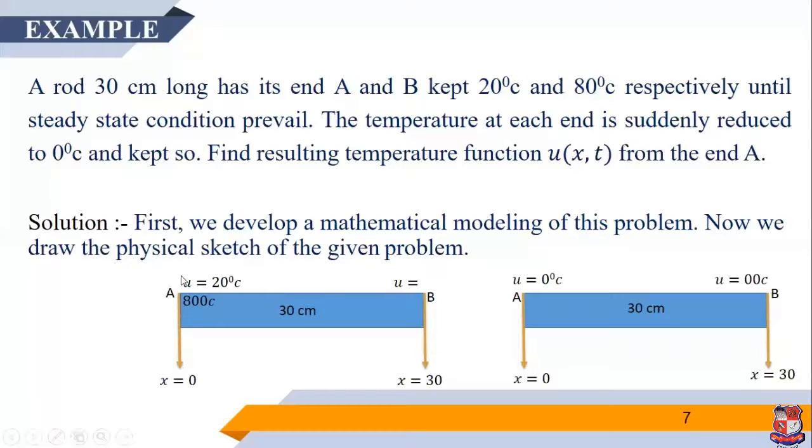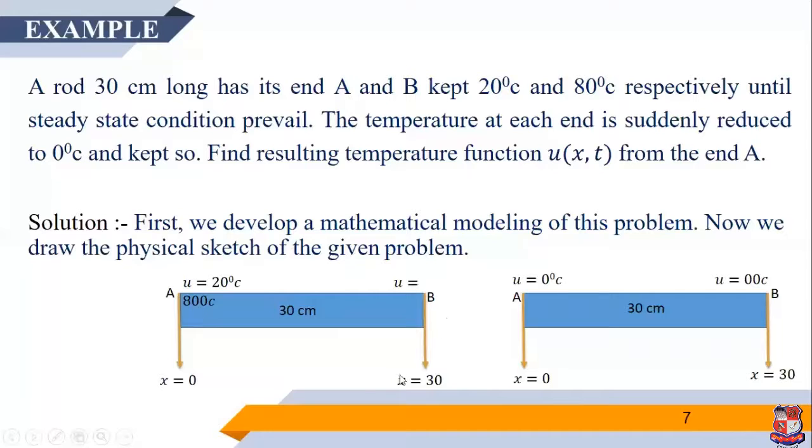Now, in the previous problem 1, we consider u(x,t) is the temperature at time t and space x. So at the left end we consider x = 0, and at the right end we consider x is equal to 30.